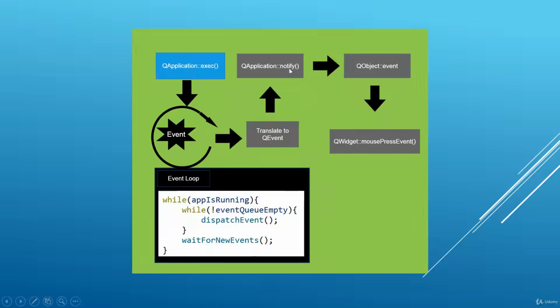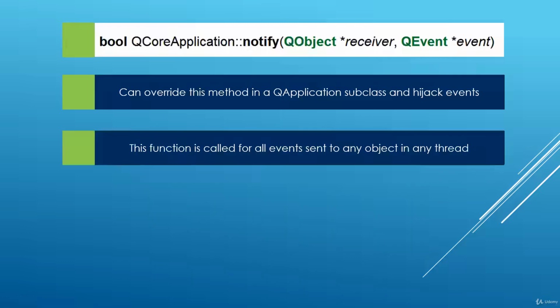Now we want to look at QApplication notify in more detail. Here we have some details about it. This is the signature of the notify method. We have the receiver. This is the object that is going to receive the event. And the event is the specific event that is sent to an object in your application. We can override this method in our QApplication subclass and hijack events before they are delivered to their destination in our Qt application.